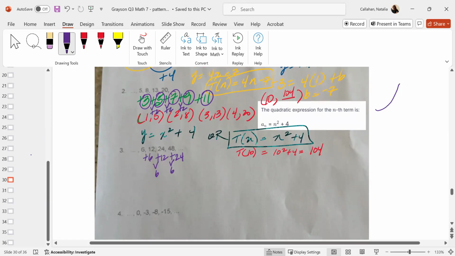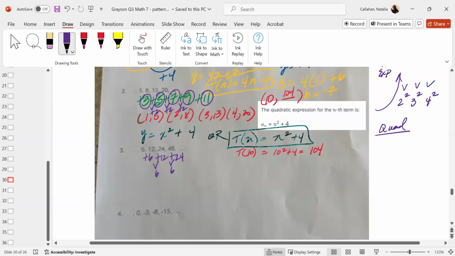Exponential is when you have a number that shoots up really quickly. And exponential is if it's not plus the numbers, it's going to be like 2 squared, 3 squared, 4 squared. So that's going to be that part. Does that make sense? So this is exponential.